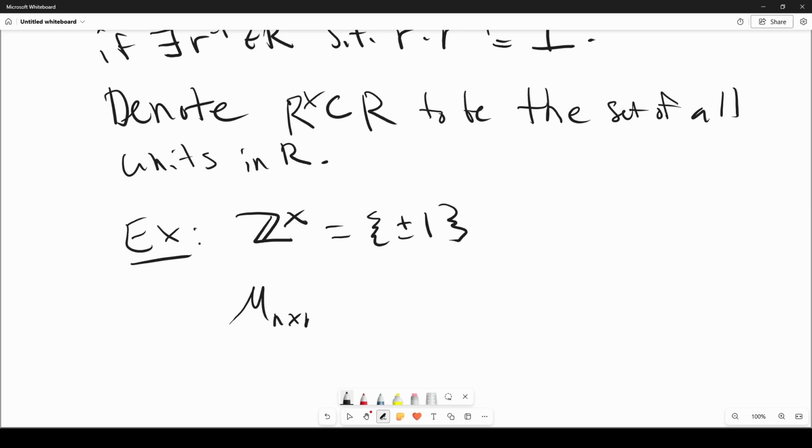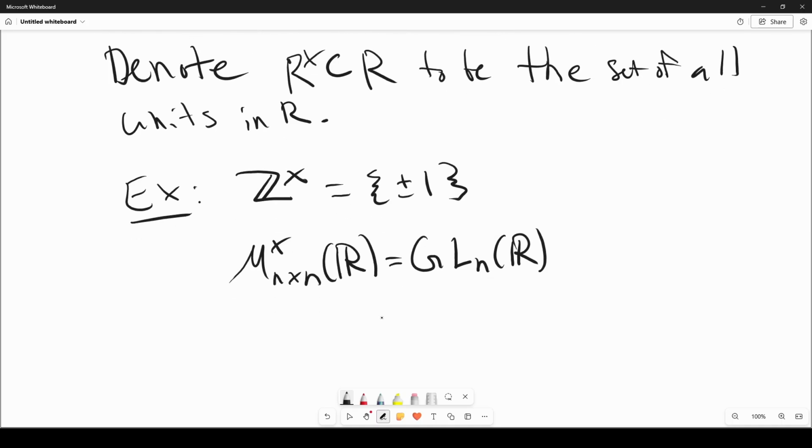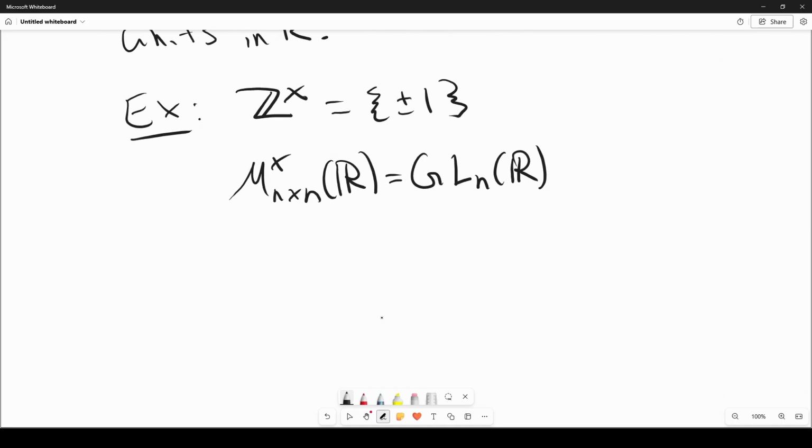Maybe if you're looking at the units in n by n matrices, you're looking at GL_n(R). So every matrix that has non-zero determinant. Now this is a weird example because it's a non-commutative ring, but that's beside the point.